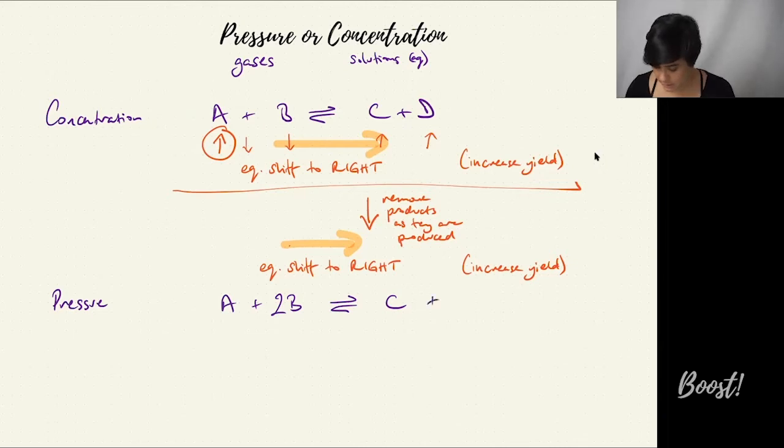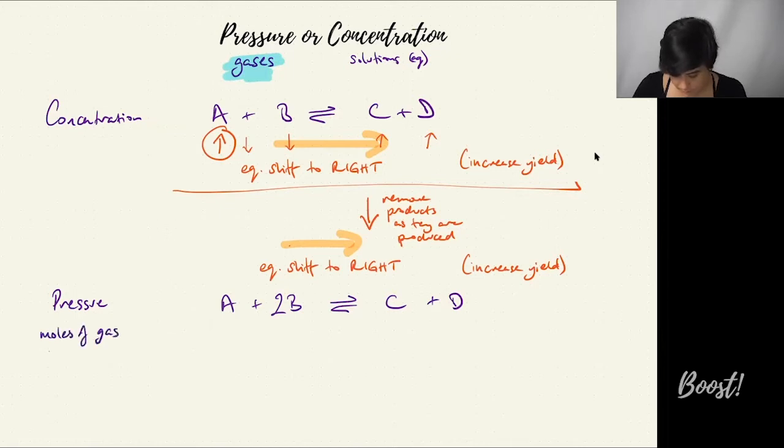In fact, I'll just keep the D here, but now I'll say we've got A plus 2B goes to C plus D. So to decide what's going to happen if you change the pressure of something in the reaction, well, you can only change the pressure of the whole vessel. We need to look at the number of moles of gas on the left-hand side or the right-hand side. So as we said before, we can only really look at the effective pressure when we have a reaction involving just gases, and we want to focus on the moles of gas on the left-hand side or the right-hand side.